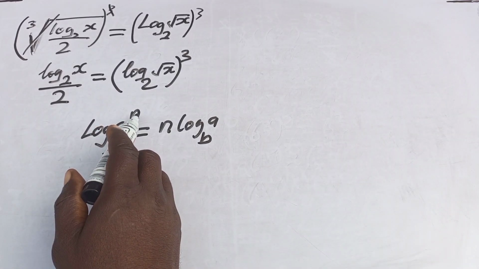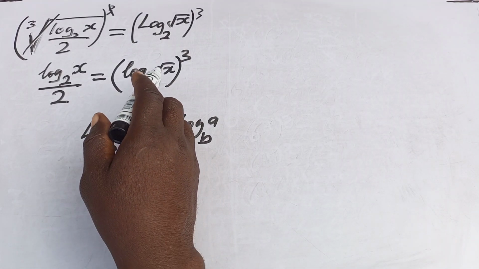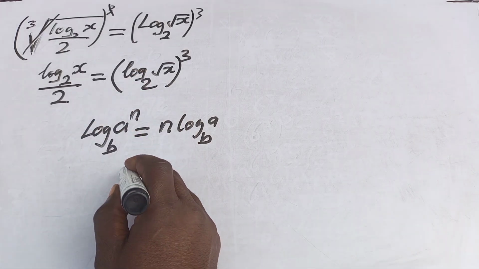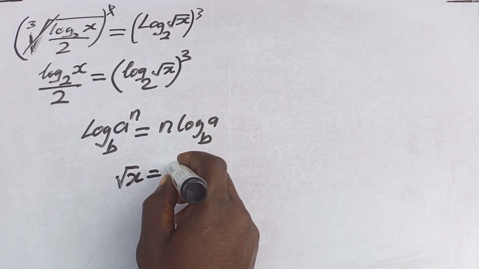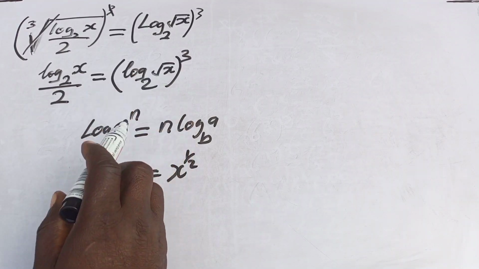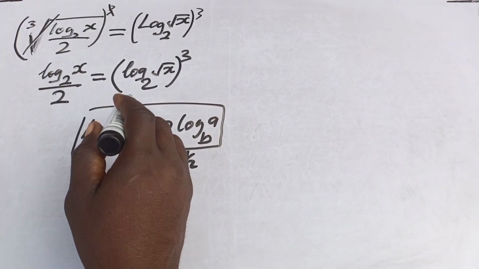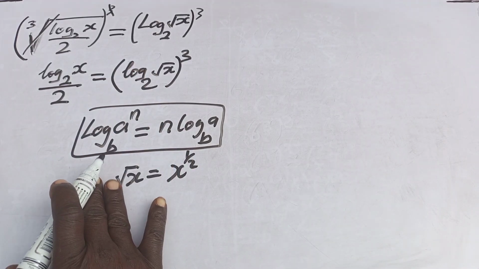That means the power is multiplied before the log. Root x means x to the power half. So our n here is a half. Let's apply this law.